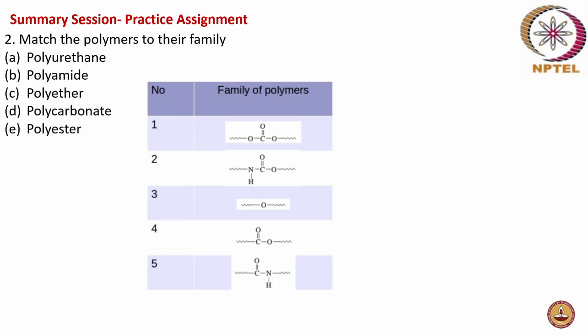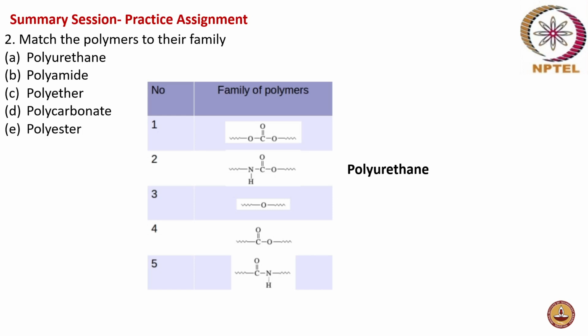Which will have NH, C double bond O, which will have C-O, and which will have CO and NH groups? Polyurethane will have an NH, C double bond O, O group.